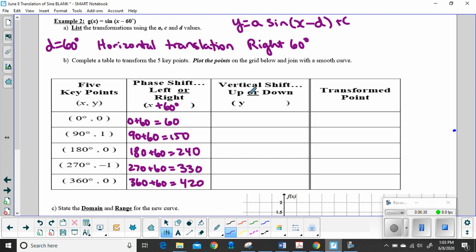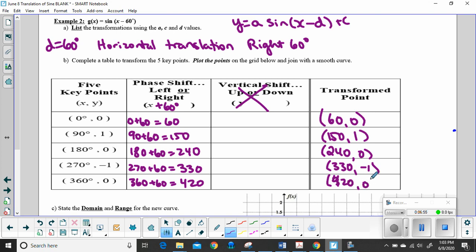My y values, nope, there's no change, so I don't have to worry about that, which means my points are 60, 0, 150, 1, 240, 0, 330, -1, and oops, 420, 0.